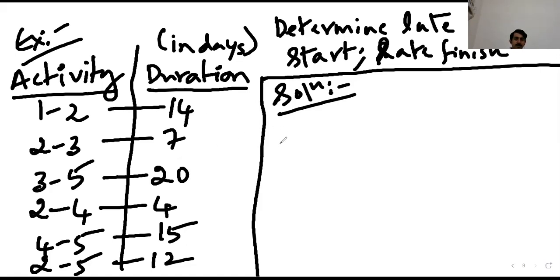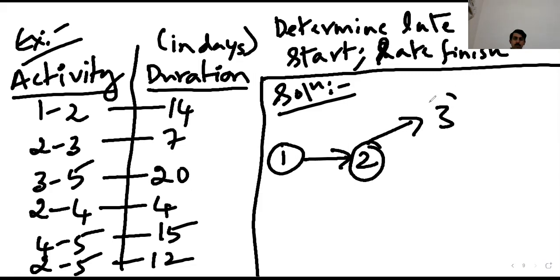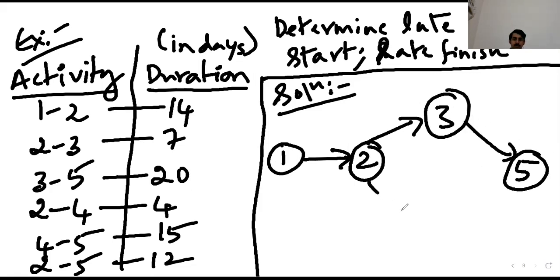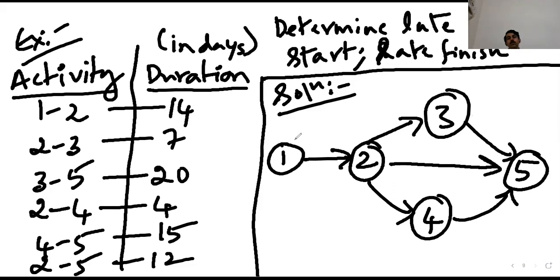Draw the network diagram first. 1 to 2, 2 to 3, 2 to 5, 2 to 4, 4 to 5, 3 to 5.